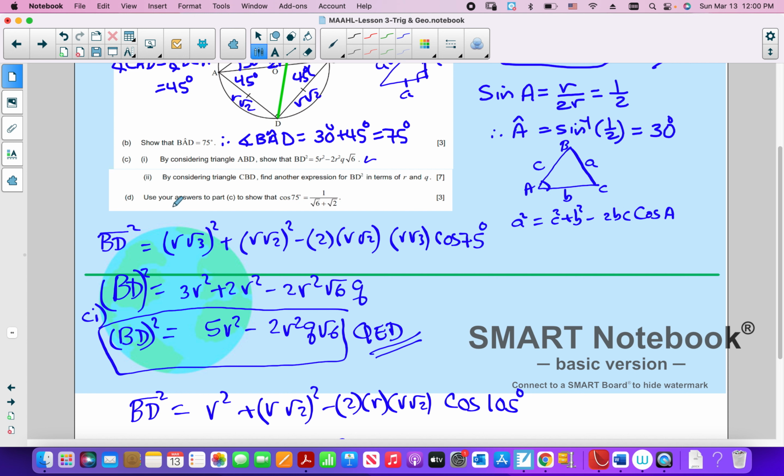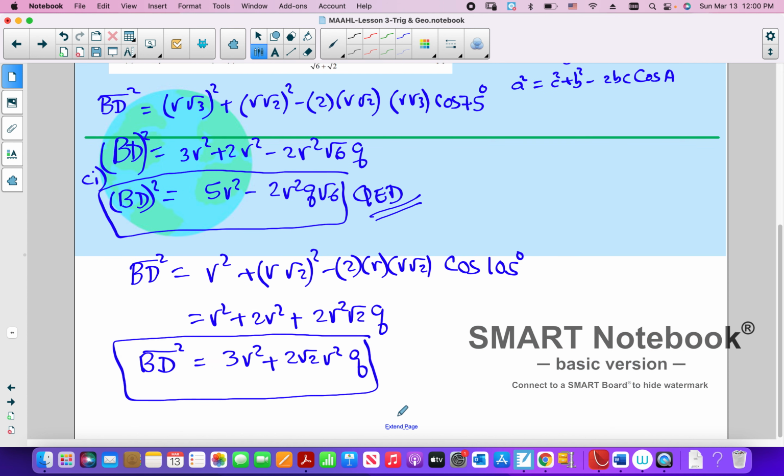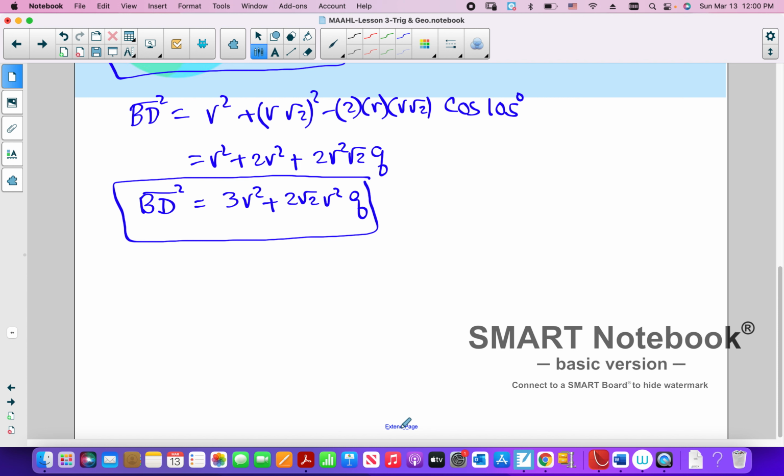Now, what else do they want? Part D, show that using the answers that we get in part C, I and II, show that cosine 75 is equal to 1 over root 6 plus root 2. Remember, cosine 75 is a cube, so basically we need to solve for a cube. To do so, all we have to do is equate the values of BD squared.